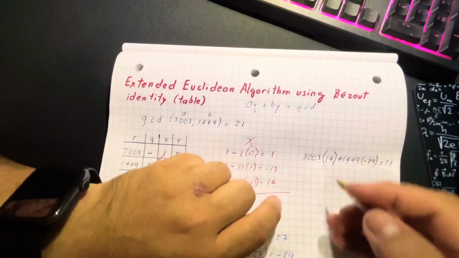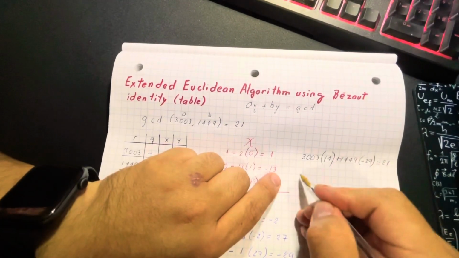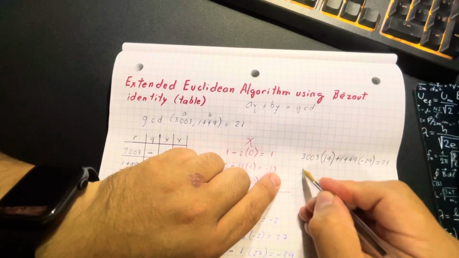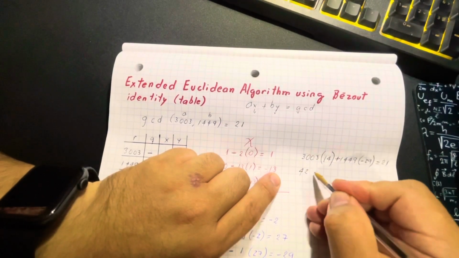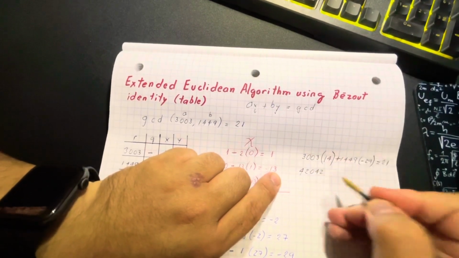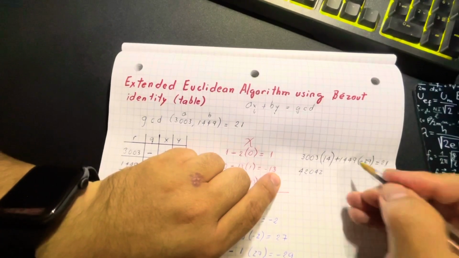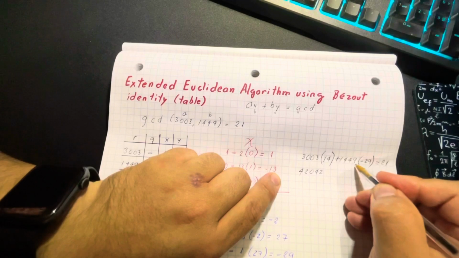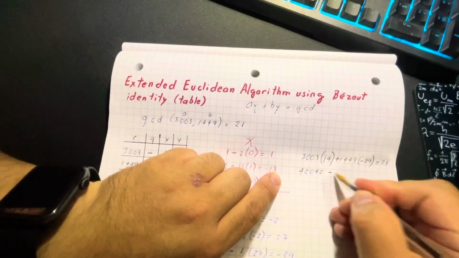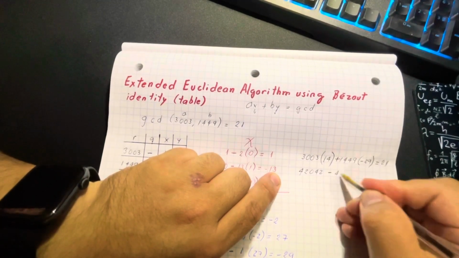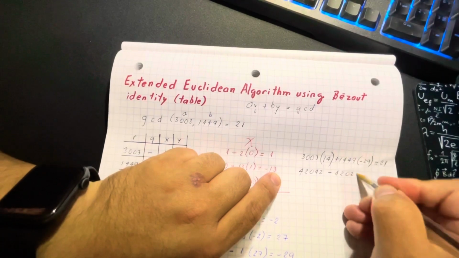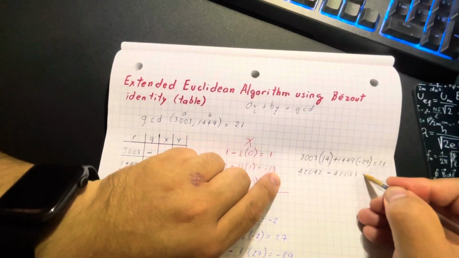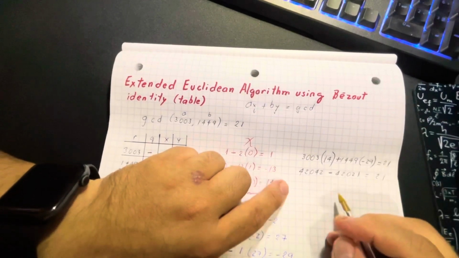We do the operations. You multiply this one and you're going to have 42. Right here, you're going to get a negative. So this is 42 minus 21, equals 21.